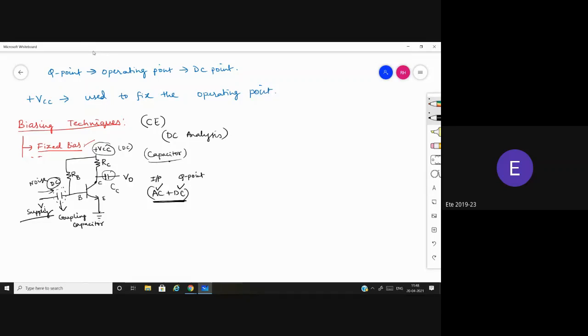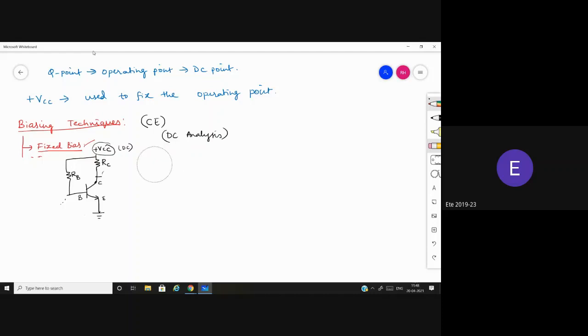So in this fixed bias circuit, for DC analysis, we are going to use this circuit. We are going to consider this part as the input circuit and this part as our output circuit. We can even use this loop as our input circuit.